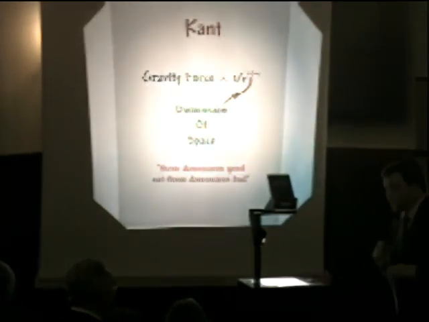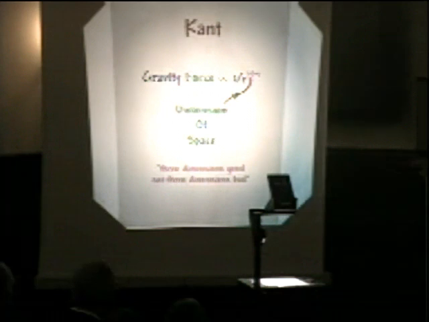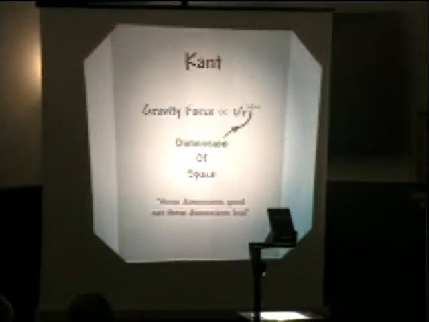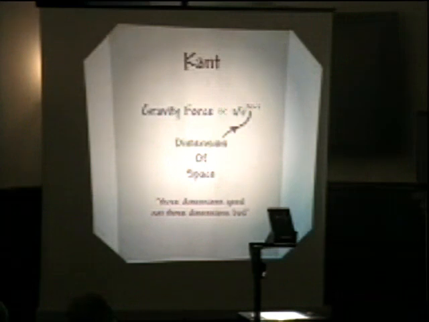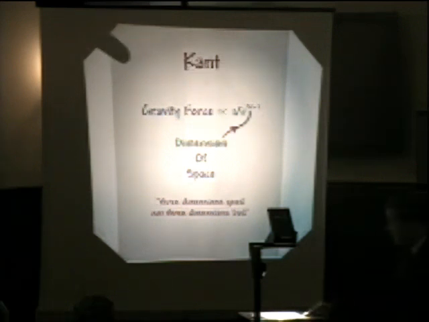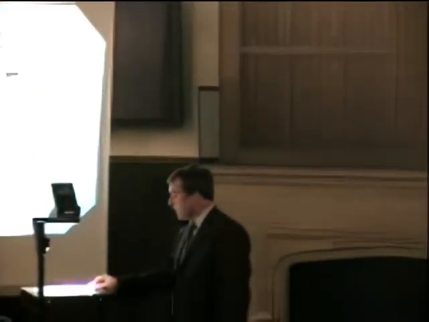We know him most famously towards the end of the 18th century as a great critical philosopher, but in his early years, before his interest changed, he was quite a serious scientist and dedicated Newtonian. He had a theory of the origin of the solar system and wrote about many other areas of mathematics and astronomy. One of his most interesting observations was in writing a little article about why space had three dimensions.